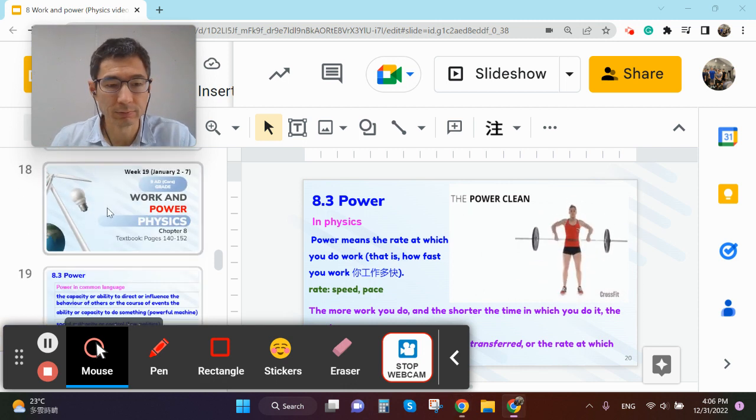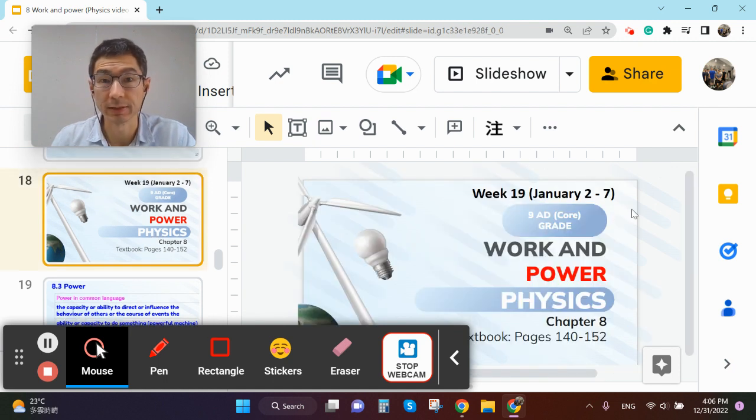So we will continue with chapter 8, which is work and power. The work done part we already studied, already covered in lesson 3. Now, in this lesson, we're going to study the power section.